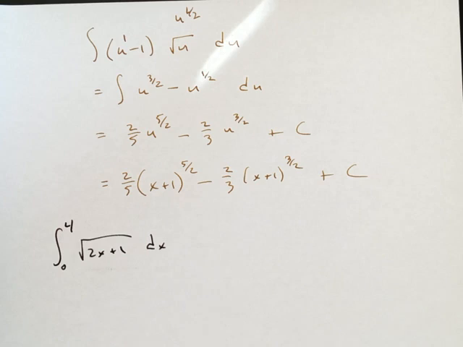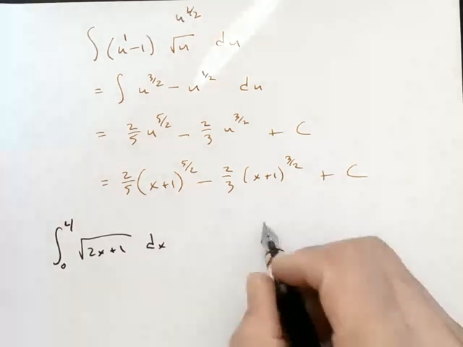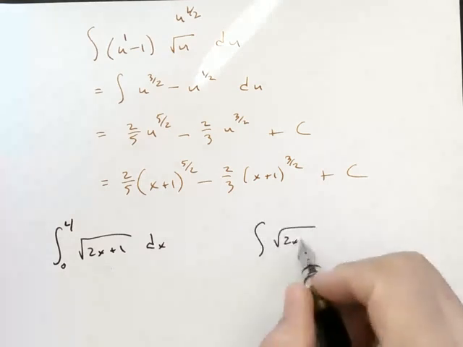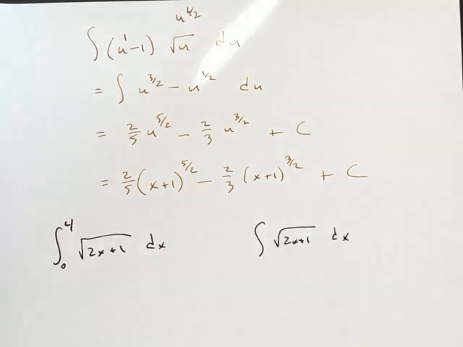The first is to ignore the fact that this is a definite integral, and say, I don't want to do the numbers. I'm just going to do this problem. Which we already did, right? So we know how to do this one.